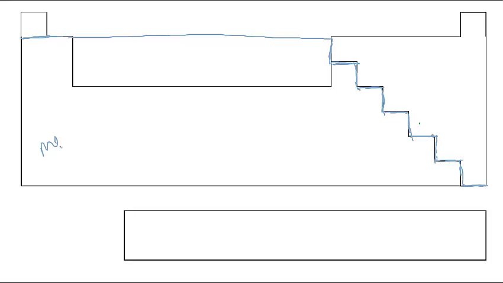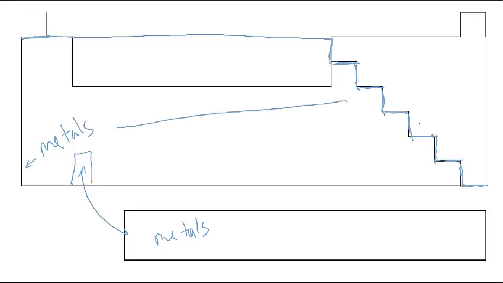So this whole area over here, including the elements that we almost never talk about down here, the lanthanides and the actinides, these are all considered metals. Right? So when they're elemental, when they're by themselves, they will exist as metals.